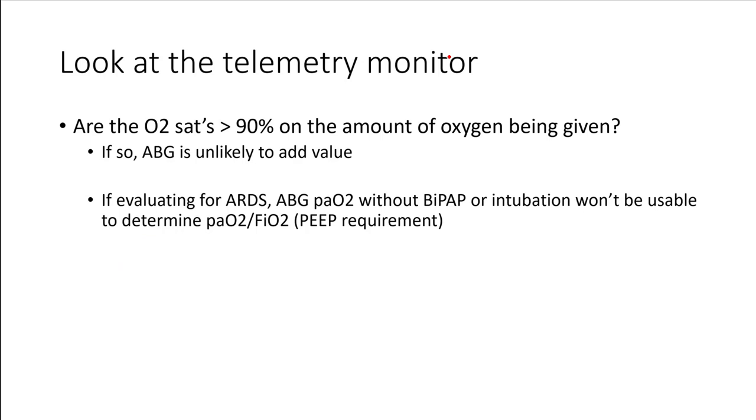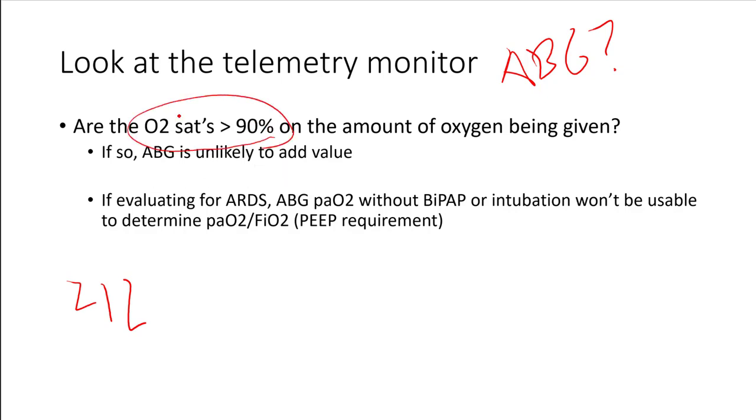And then, looking at the telemetry monitor, it's very common that you're going to be asked by staff, do you want an ABG? For someone who is on, let's say, 4 liters of oxygen, and whose O2 sats are 98% on the monitor, I look at that O2 sat that's excellent, they're on oxygen, they're stable on that degree of oxygen.